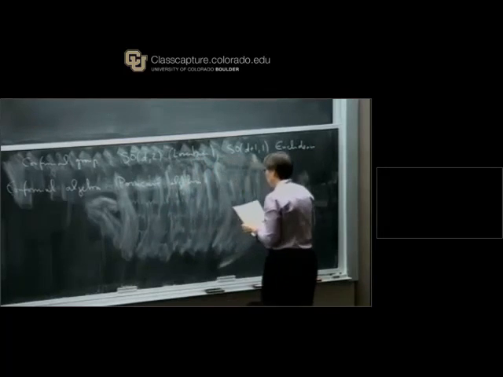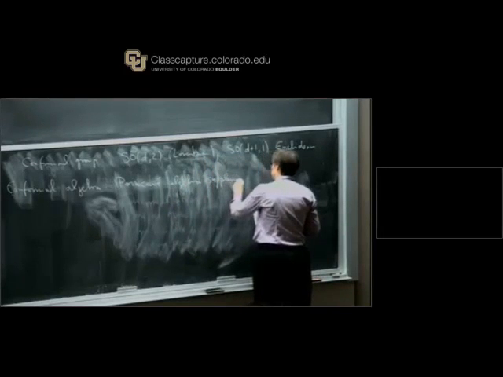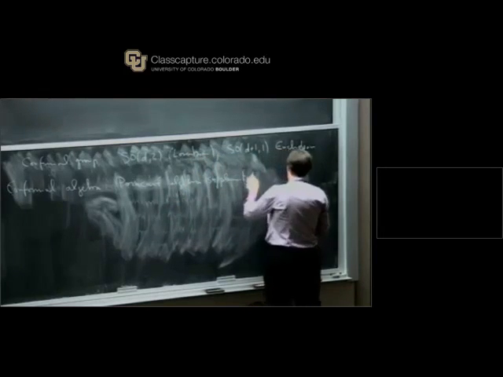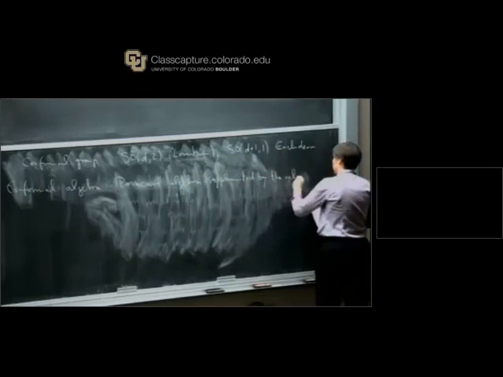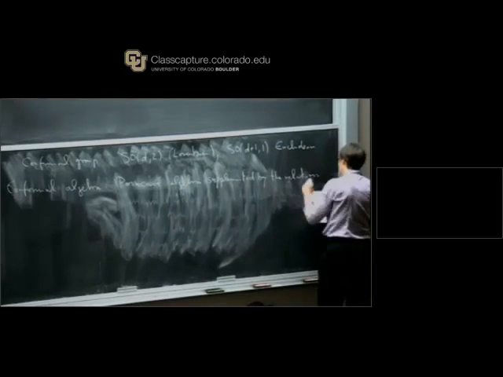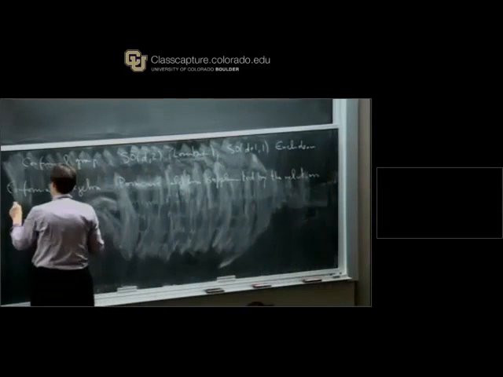And this is supplemented by the following relations. Let me write them. There's a couple of them, but I think it's worth writing them down for definiteness, such that you know what I'm talking about.